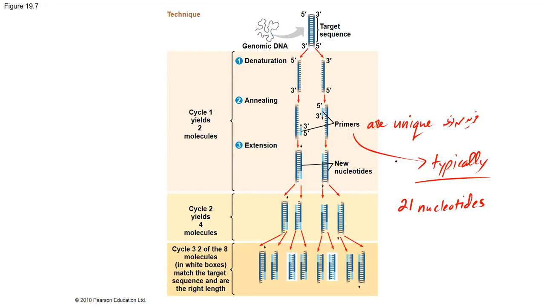Typically, they are between 18 and 30, but most of the primers we use are 21. And you need two, because these two will allow the amplification or the synthesis of two new strands.